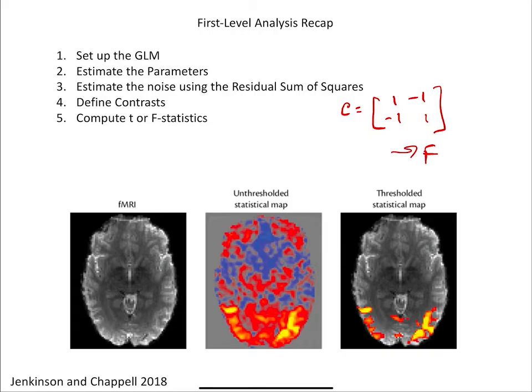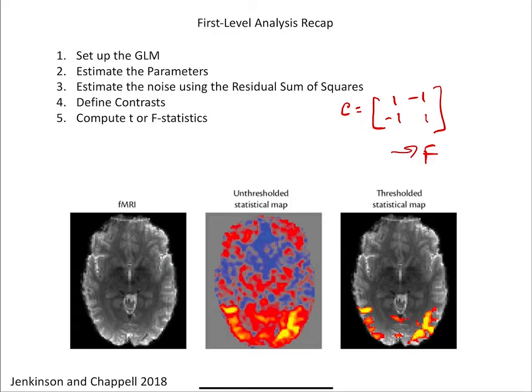It's redundant, because remember the F statistic doesn't care about the sign. It's a two-sided test. So whether A is greater than B or B is greater than A, the F statistic doesn't care. From the point of view of the F statistic, you don't really have two independent rows. You only have one independent row. Most of the time, the software will be smart enough to say that's not a very good contrast matrix, try again, or it will just ignore what you did, assuming it knows better than you. But sometimes it might just fail, in which case you have to fix it.